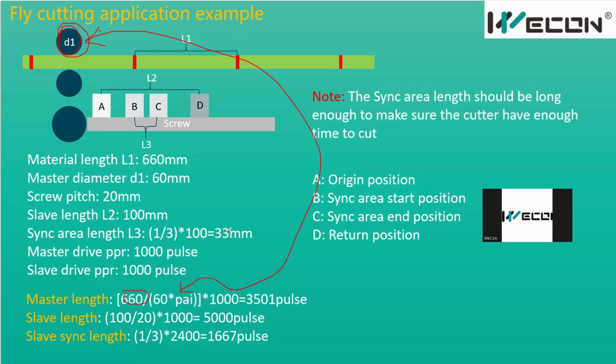So what's the result? This result means how many rounds our master needs to rotate to make our board go forward 660 mm. And after we get the number of rounds, we calculate with 1000 PPR, then we will get the total pulses that the master needs to rotate to push the material to go forward.